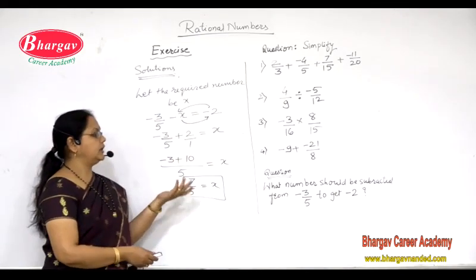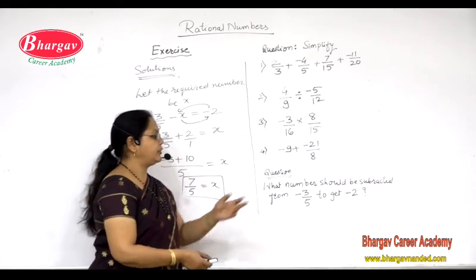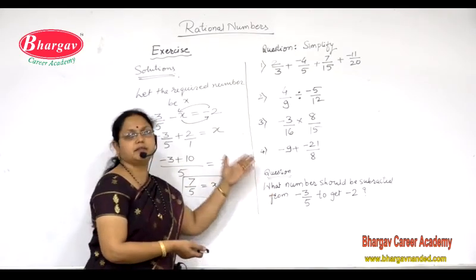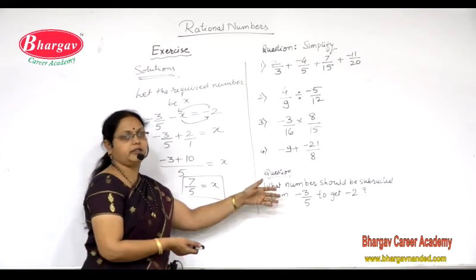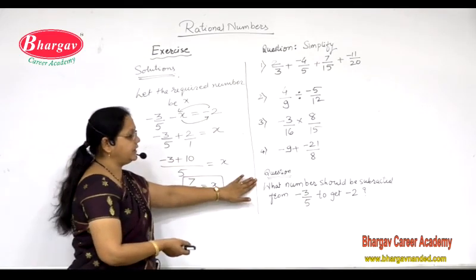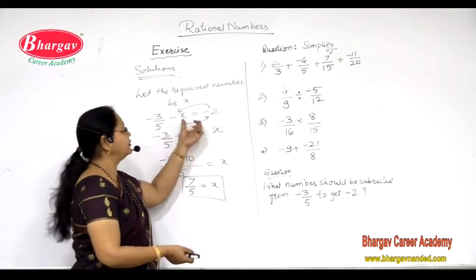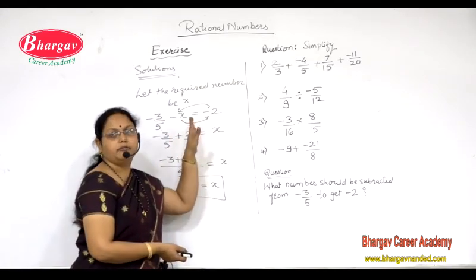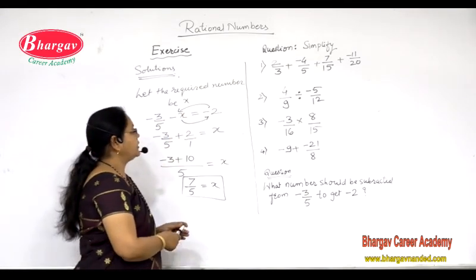So how to find an unknown rational number which satisfies the expression? In this case you have to prepare some expression or an equation, just like a linear equation I have written here in this example. So that is also part of linear equation in one variable, lesson number 2. So how to solve these linear equations using the transposing method, particularly whenever addition, subtraction operations are there.